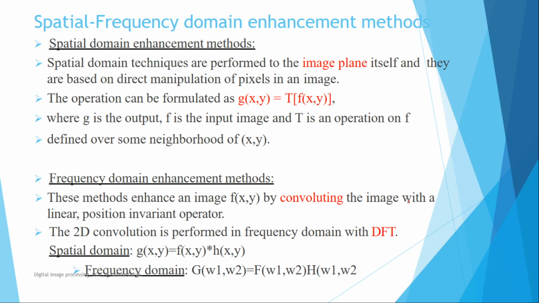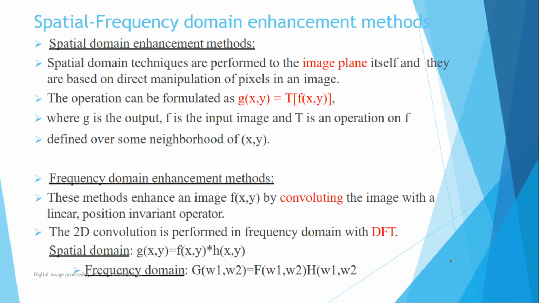So we have discussed the spatial and frequency domain enhancement methods step by step. The spatial domain techniques are performed on the image plane itself, and they are based on direct manipulations of the pixels in the image. So whatever manipulations I want to do, I can do directly on the pixel itself.